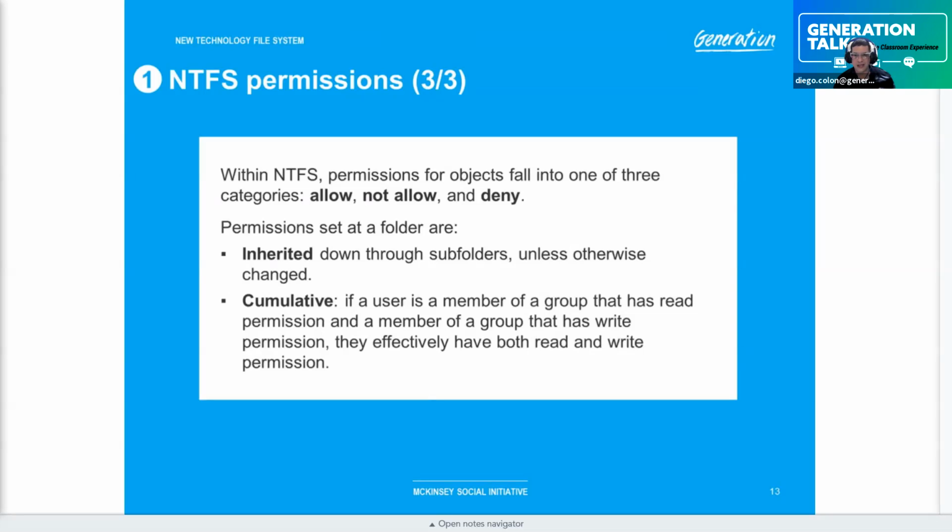But full deny means you can't do anything at all. For instance, I can let you read, write, and execute, or I could allow just read and write, but not allow you to execute, as an example. Permissions are set on a folder, as I stated, to inherit down through all subfolders, unless you say no.